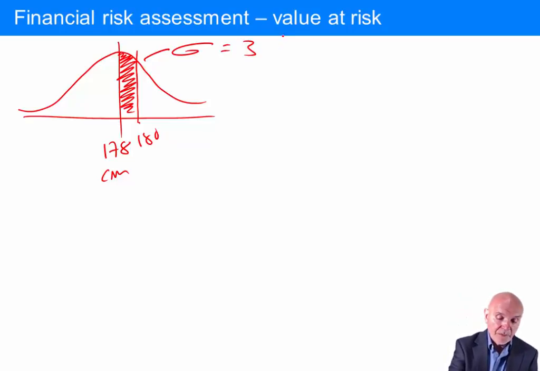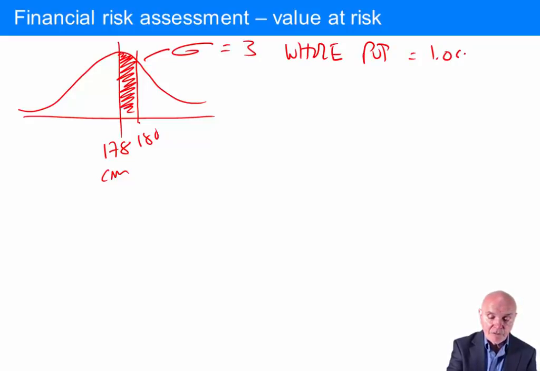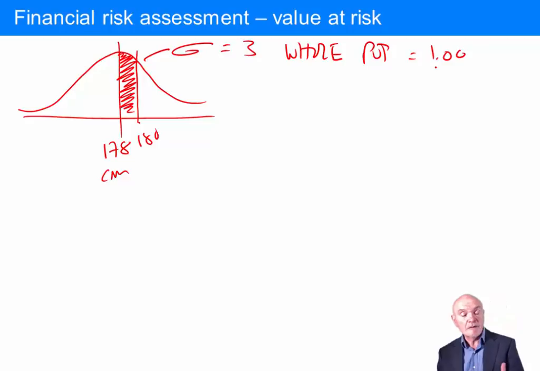Now the whole population, there's 1. It's 100% or probability of 1, the whole population. That's the whole area under the curve represents everyone. Okay, and we kind of want the fraction of 1 that these people here, 178 to 180.